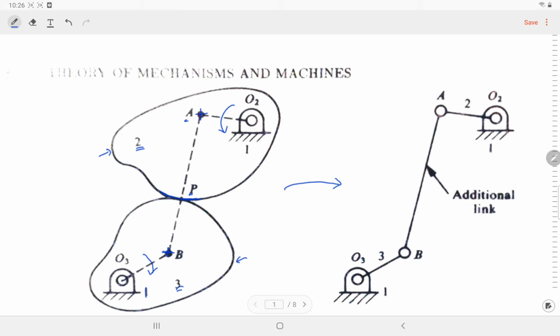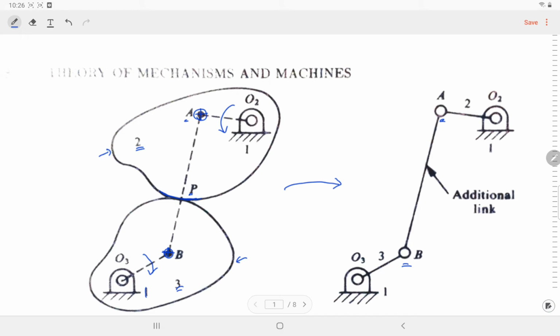Then removing the lower pair and replacing it with a third link, and the third link is connected with link 3 and link 2 using a revolute pair. That's what we have seen here.